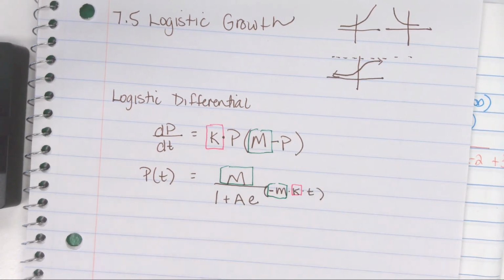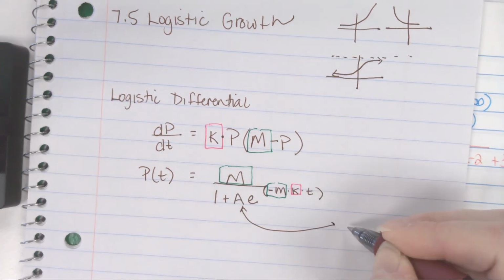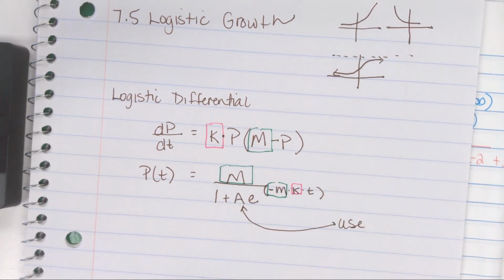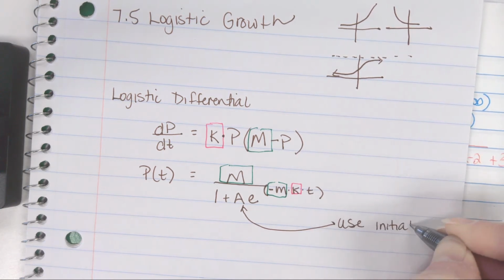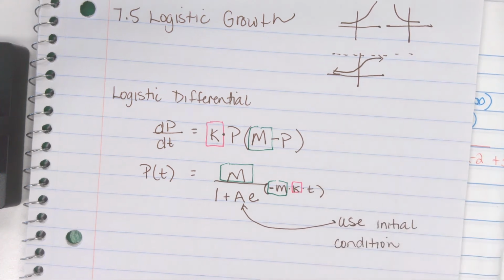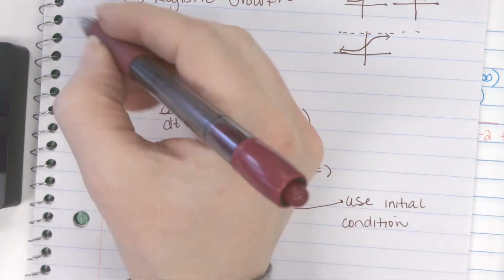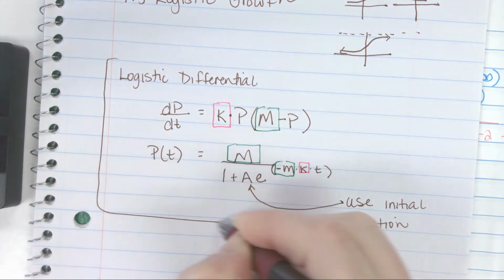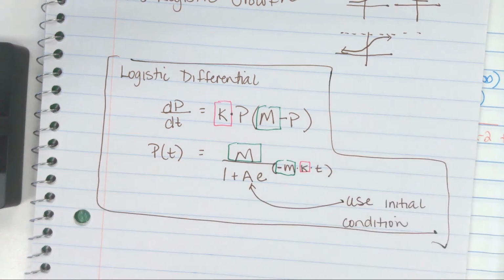The way you find A is not with the initial value, but you use the initial condition to find it. Do you guys have this written down? Then let's do one.